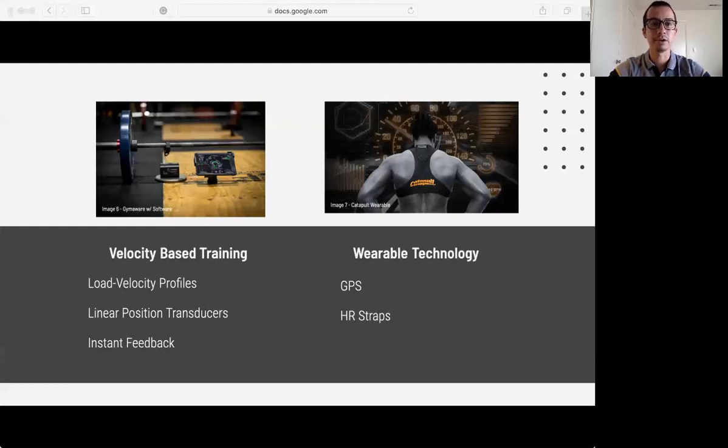Although these are useful for coaches and very popular in our field, they're not always realistic for coaches to have or use within their programs, especially if the budget isn't the highest and we can't afford this, or if we don't have the staff available to track and analyze the data that we collect from these methods.